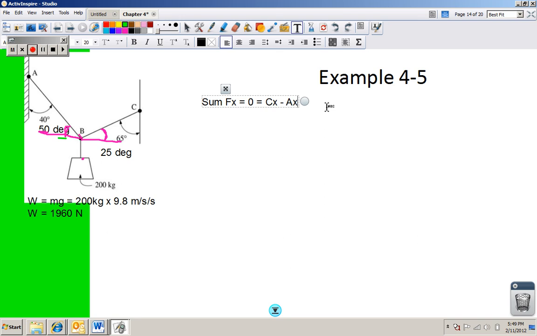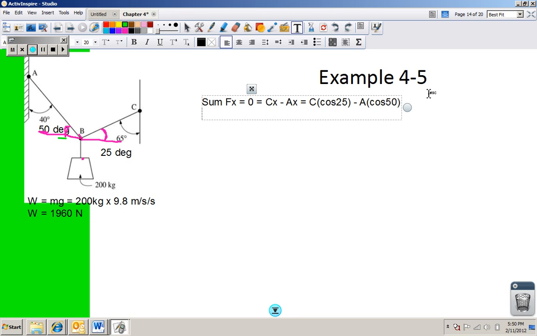Right? So when we write that more specifically, we get C cosine of 25 minus A cosine 50. All right, so here the deal is we basically have one equation and two unknowns.